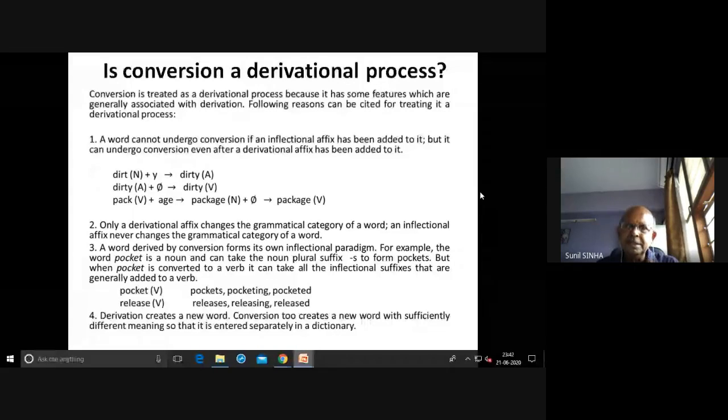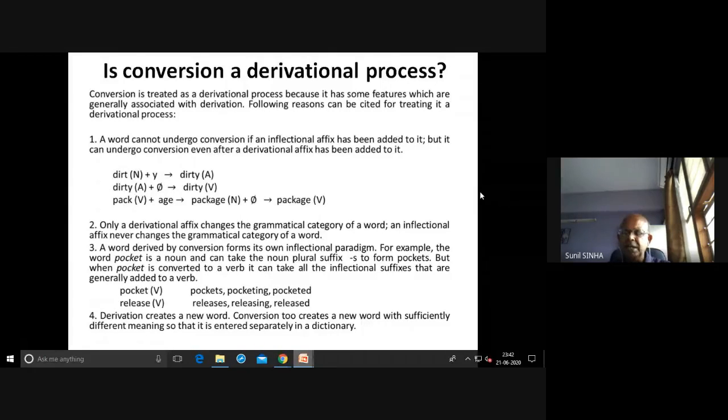That it can take third person singular, present tense, S. That is the inflectional paradigm. It can take ing, it can take ed. That is paradigm. Paradigm means a system, right?